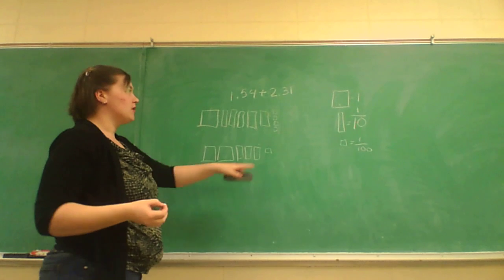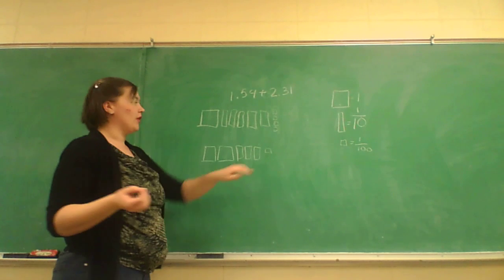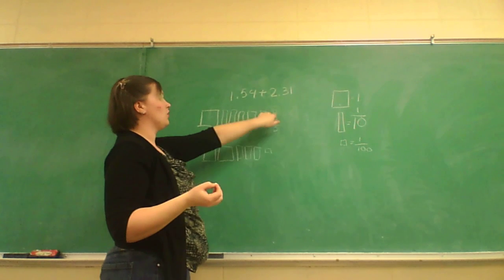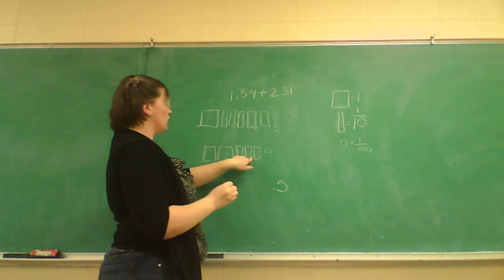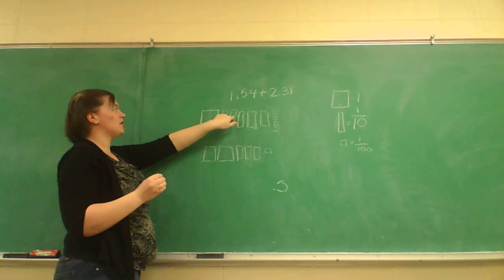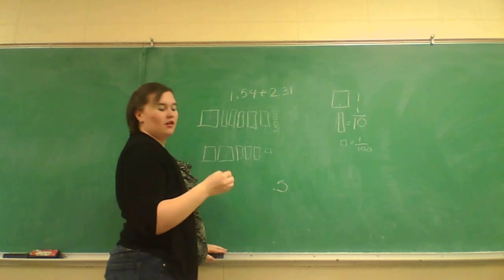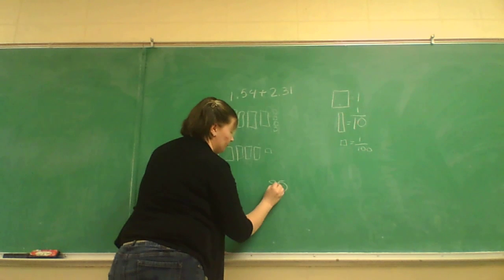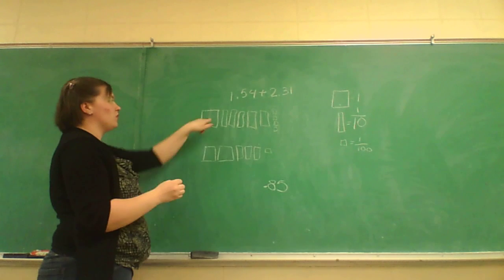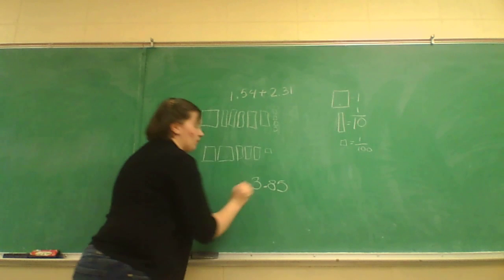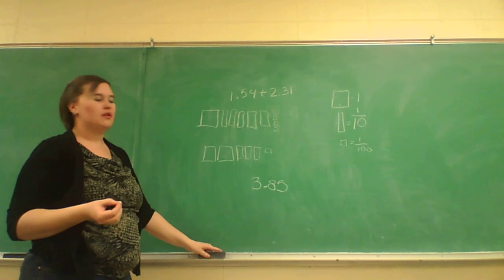So adding is pretty simple. We're going to simply count them. So we have 1, 2, 3, 4, 5 hundredths. 1, 2, 3, 4, 5, 6, 7, 8 rods. And then we have a decimal, and then we have 1, 2, and 3 wholes. So that's pretty simple.